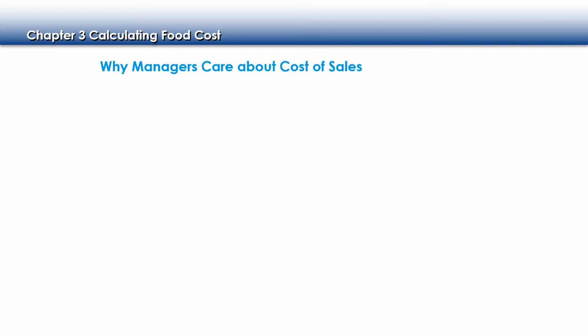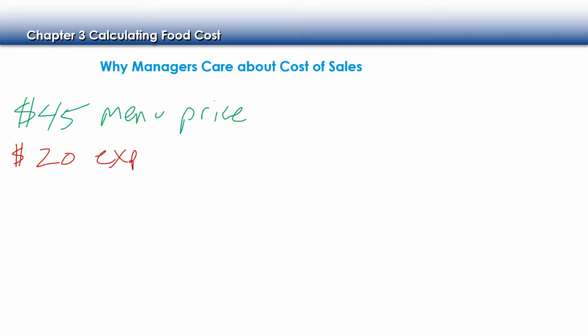Okay, so let's use an example. Let's say we have a filet mignon, and we sell our filet mignon for $45. Okay, that is our menu price. And let's say it cost us $20. That is our expenses. So let's say the server forgets to ask how the guest wants their meat prepared, and they go ahead and just guess medium. Okay, that's kind of middle of the line. Well, the guest really likes their filet mignon medium rare.